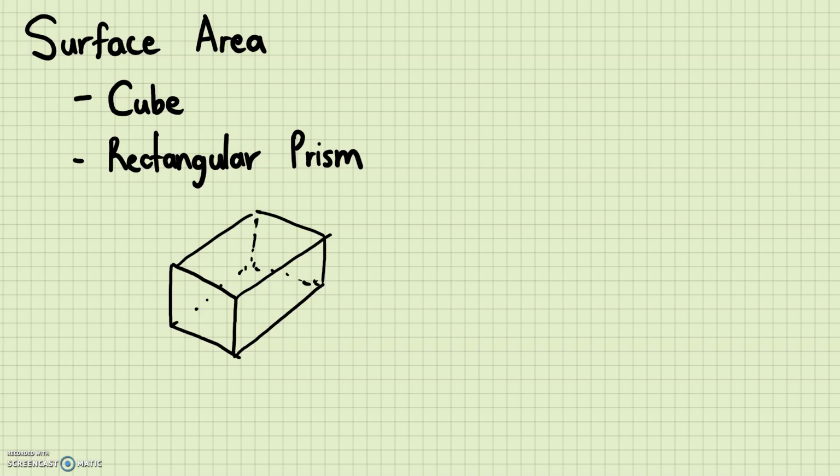And let's say that you want to know how much material you need to make this kind of solid. Let's assume that the inside is empty. We just want to know how much material this takes up on the outside.